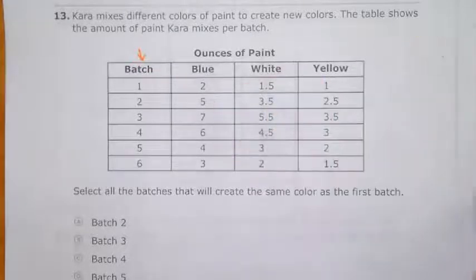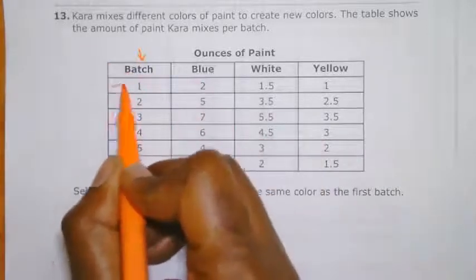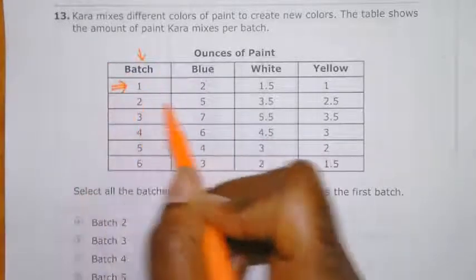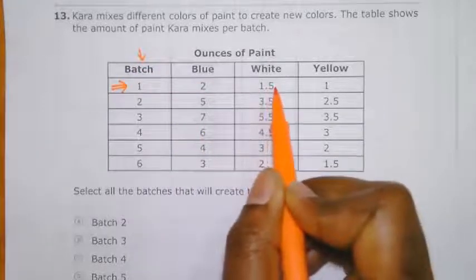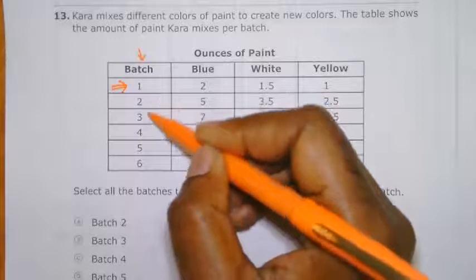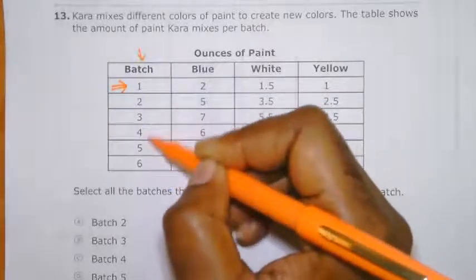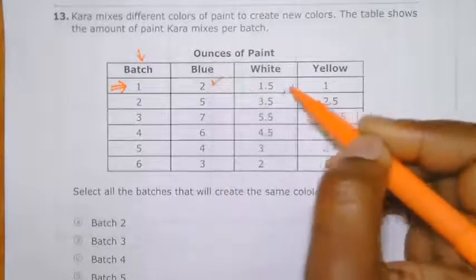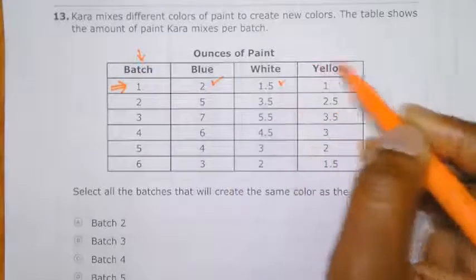It says select all the batches that will create the same color as the first batch. So we're going to use this as reference, because we need all the colors using the same amount, but we have to select from the different batches. It should be 2 blue, 1.5 white, and 1 yellow.